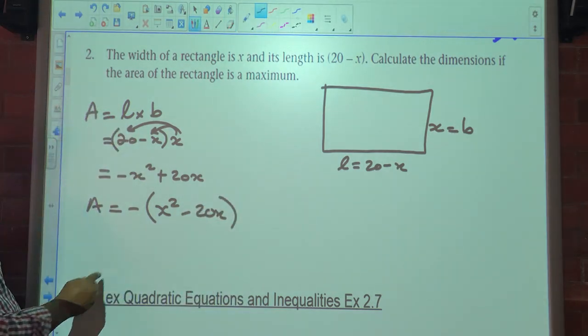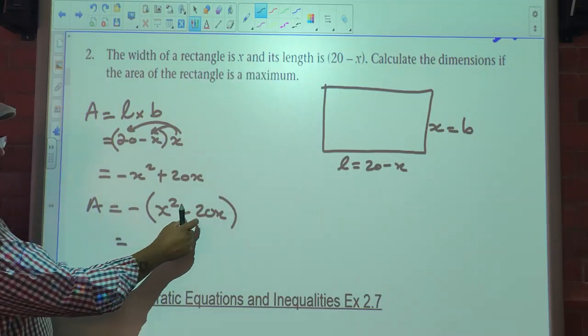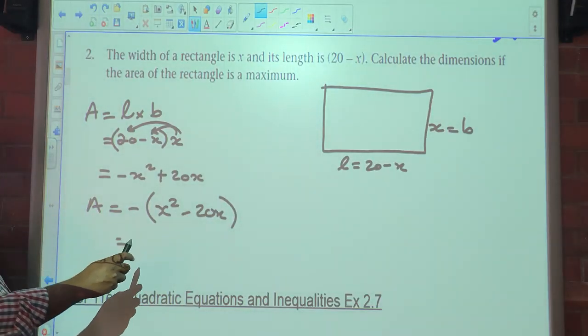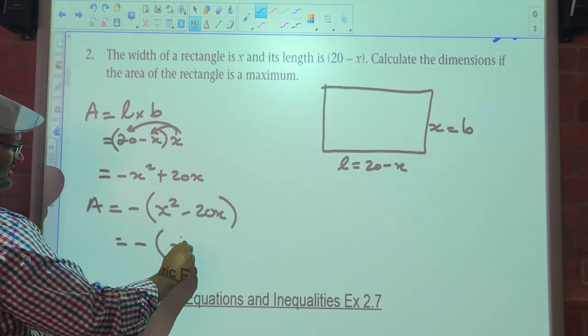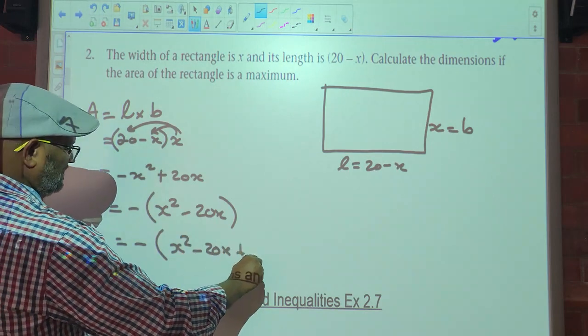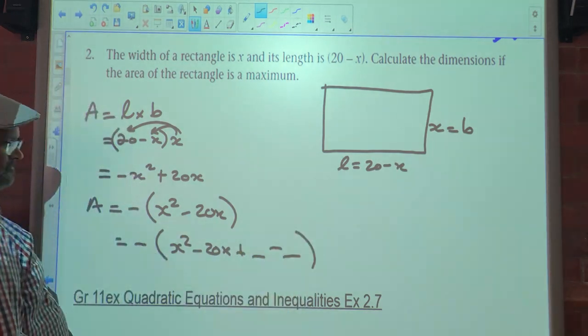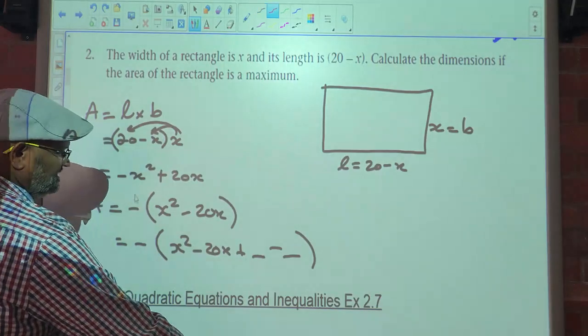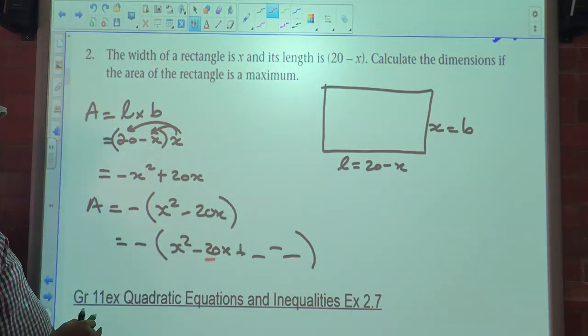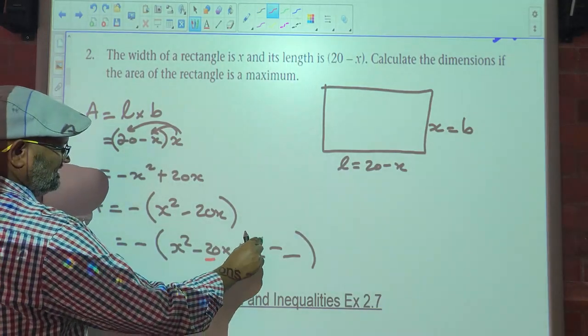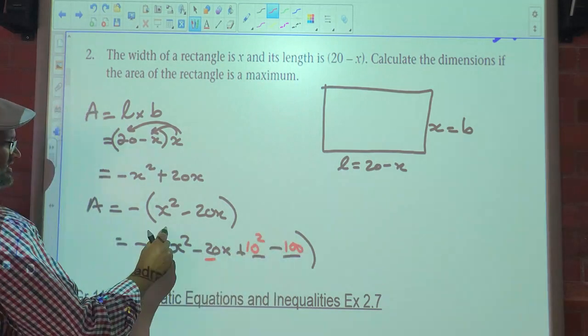Okay. So what I do now is, I must add a number to complete the square with. There's negative over brackets, x squared minus 20x, plus a number minus that same number. And what's the number in this case? 20 times a half, which is 10. And 10 squared is 100. What is this to us?